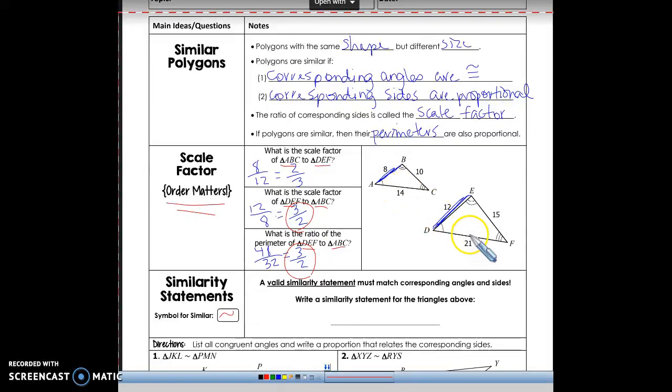So if we write a similarity statement for these triangles, I could say that triangle ABC is similar, not congruent, because they are not the same size, to triangle DEF. Angle A corresponds with angle D, so this is going to be triangle D. Angle B has 2 marks, so it corresponds to angle E. And then lastly, angle C has 3 marks, so it corresponds to angle F.